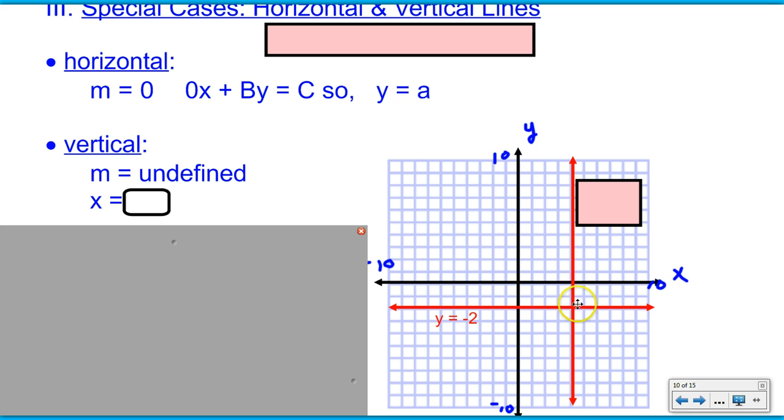The value that is the same at every point here is the x. All x's are the same, right? In this case, we have x's at 1, 2, 3, 4. X's are at 4. All of them are. The equation then is x equals 4. So our model is that x equals some constant b.